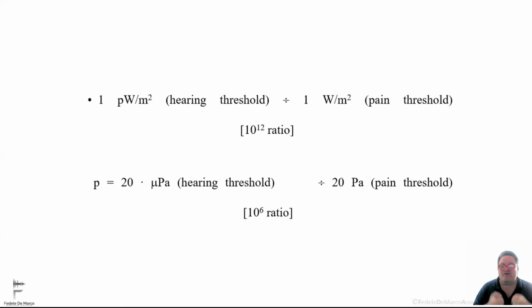For this reason, a logarithmic scale is used, in which the value of the quantity under examination is equal to the common logarithm base 10 of the ratio between a measured value and a reference value. The advantage of using a logarithmic scale is to linearize the perceived loudness, mapping the numbers linearly to human perception.